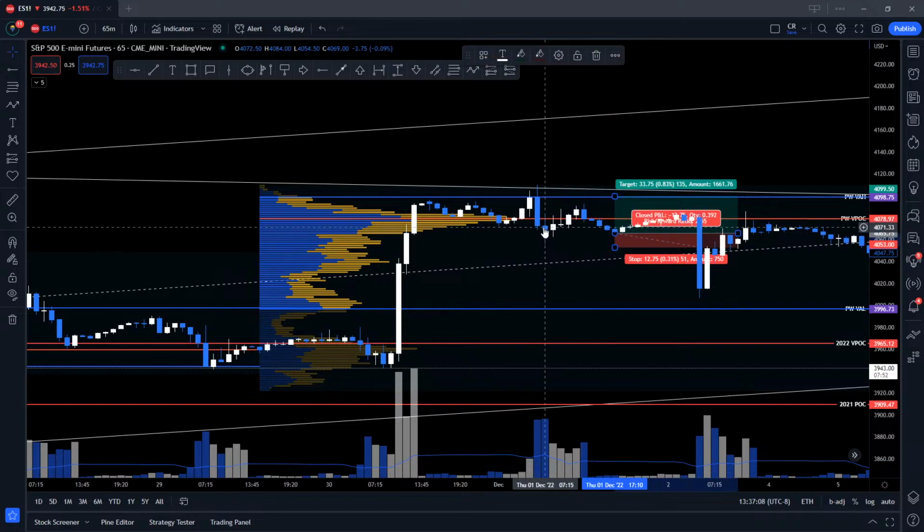Because if they do a stop loss hunt, they're probably going to bring it down to here before they bounce. And you can see, if I'm taking this to my previous week value area high, I'm getting 2.65 to my 1 risk.